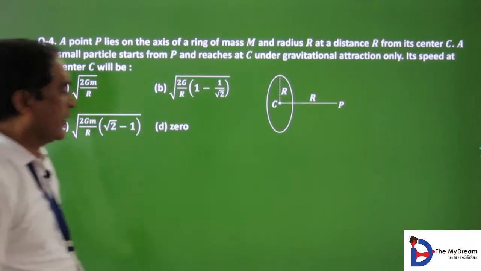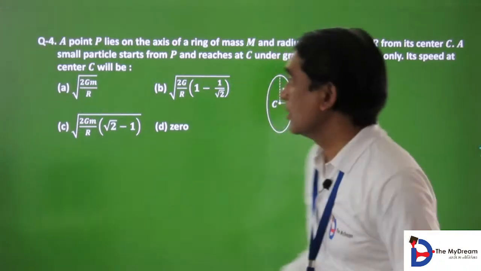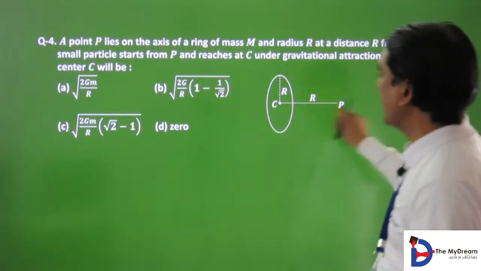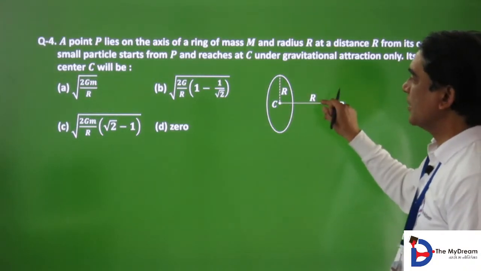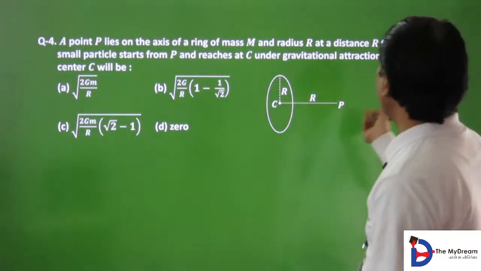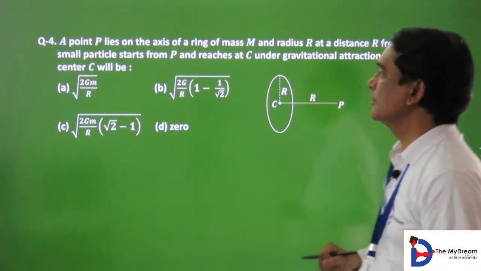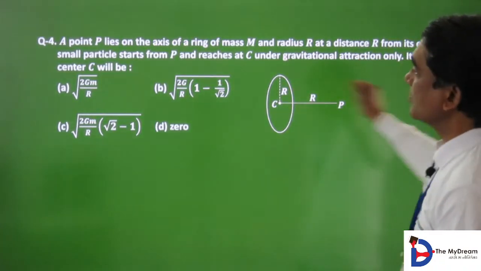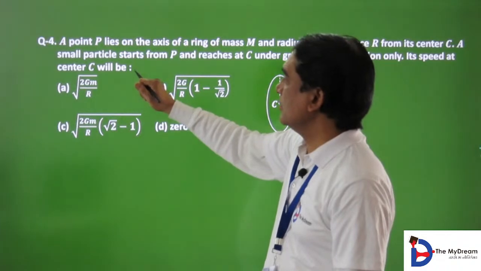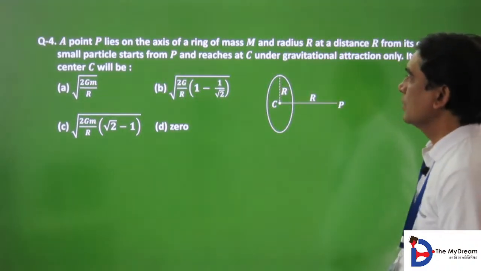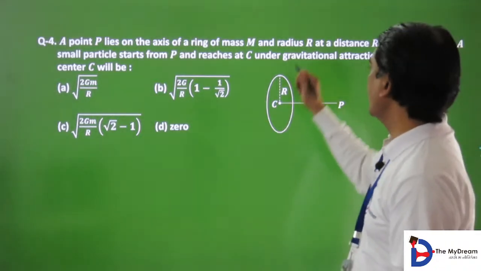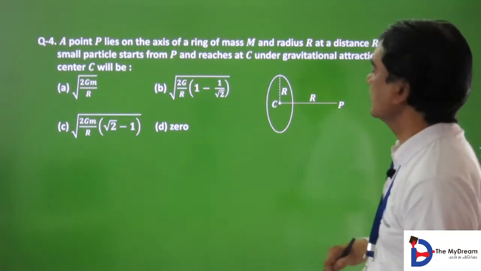Now, the next question is, a point P lies on that axis at a distance capital R, and the radius is also capital R. A small particle starts from P, reaches C under the gravitational force of attraction.